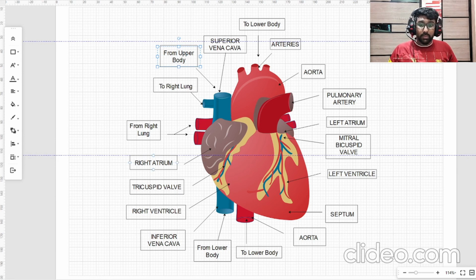And then we have our pulmonary artery. Pulmonary usually means something which is related to the lungs. So the pulmonary artery carries blood from the right side of the heart to the lungs. This is where our lungs get the blood, where our lungs can later on nourish the blood with oxygen.